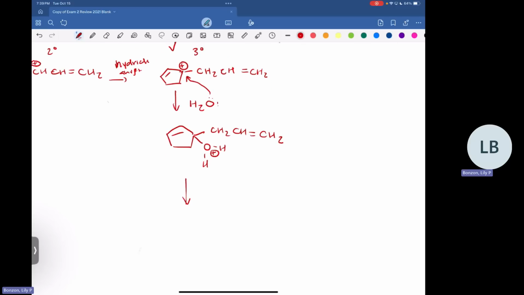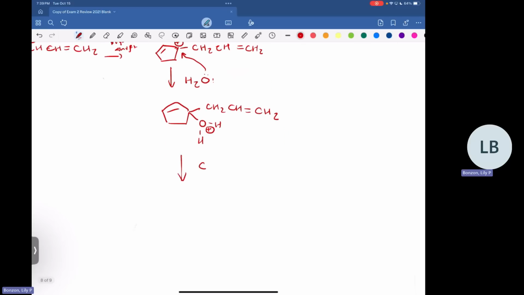So before we can have our final answer, we have to do one last deprotonation step. We're just going to take another equivalent of our base, and that's going to take off one of the hydrogens on that water, and it's going to leave us with our final product. So that's A.